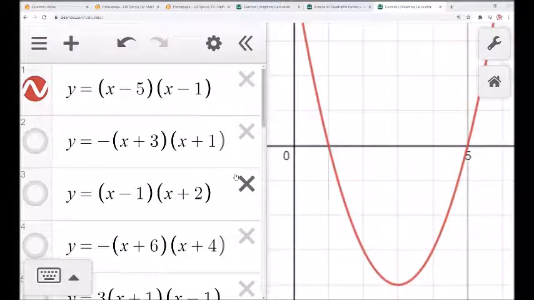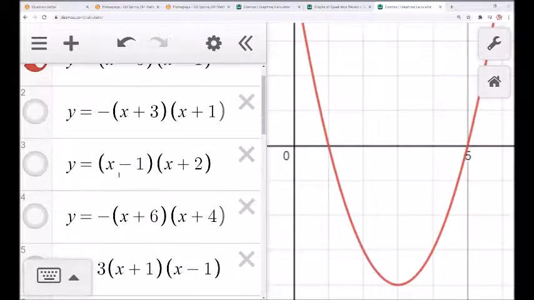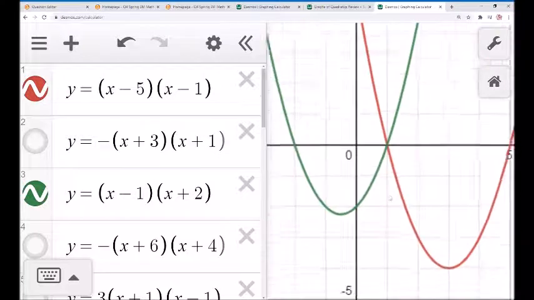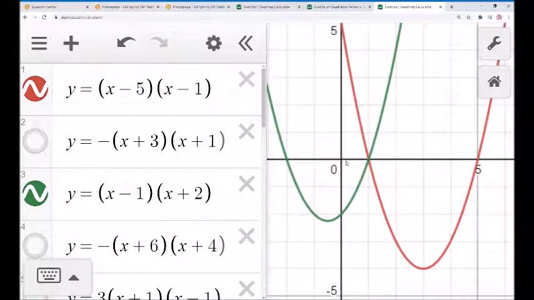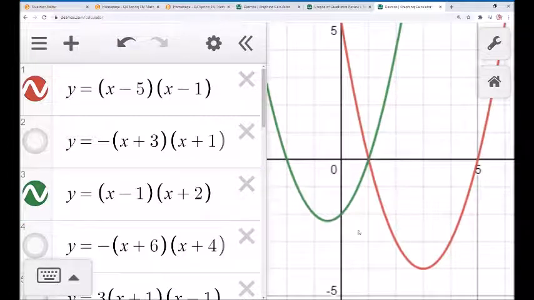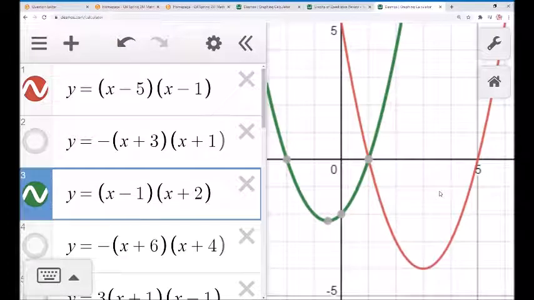I'm going to show you another one. This time I'm going to click on this one right here. I have to move your graph a little bit. Each of those squares is worth 1. I'll give you a little hint.